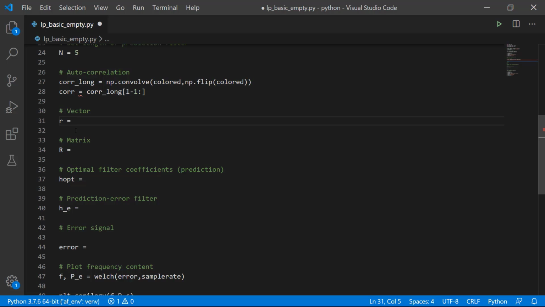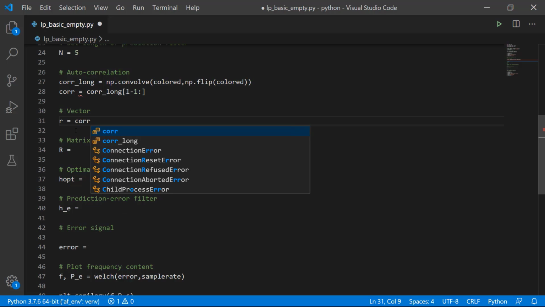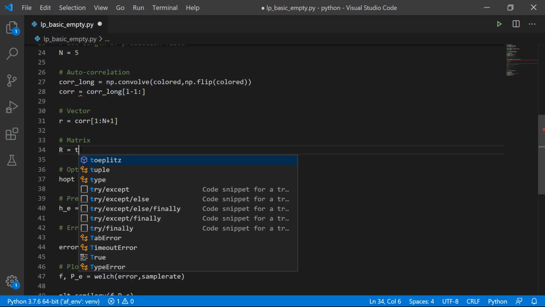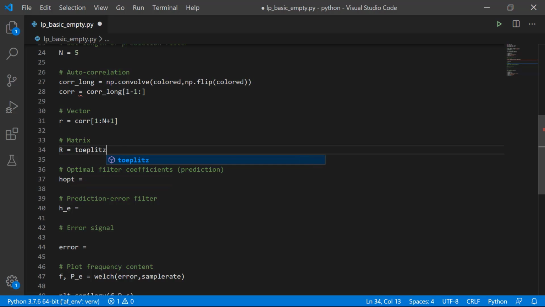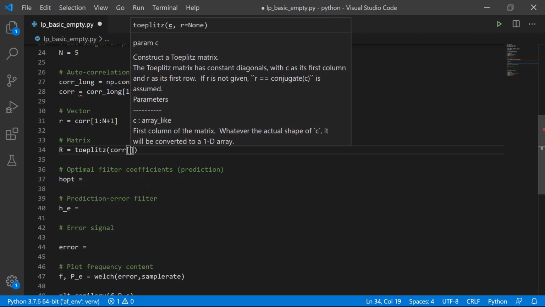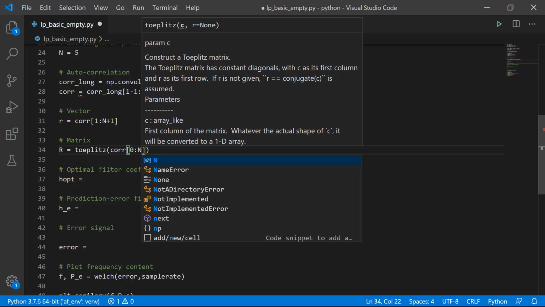Remember that this vector starts at lag 1. We don't take the first value of the autocorrelation function, we start with the second one and then select n values. For the autocorrelation matrix, we apply the toeplitz function, and we select element 0 up to n-1 from the autocorrelation function.